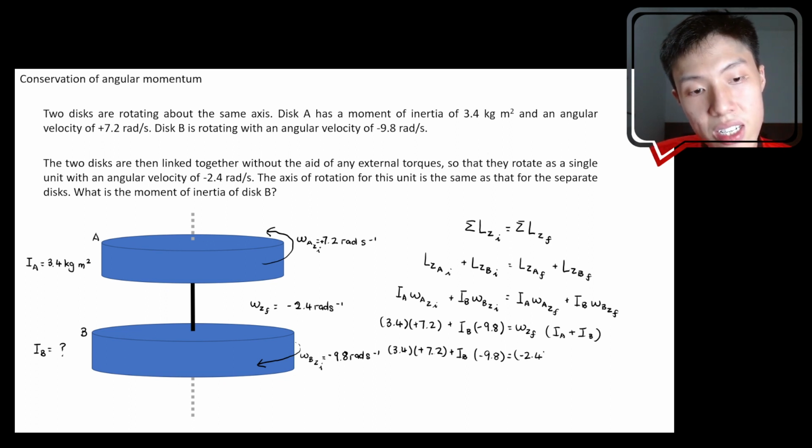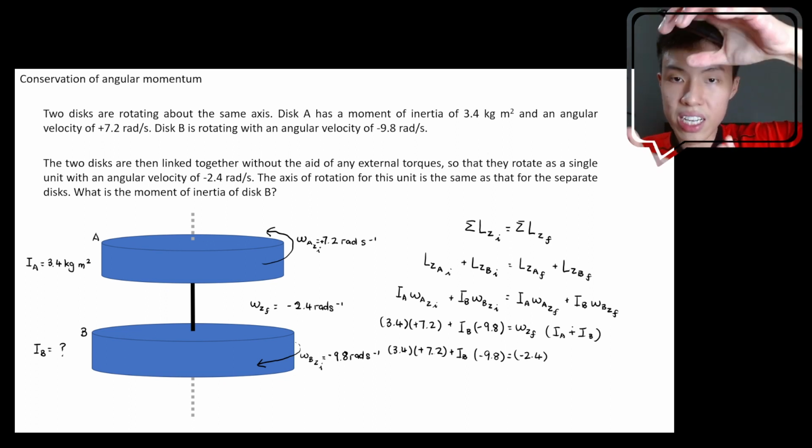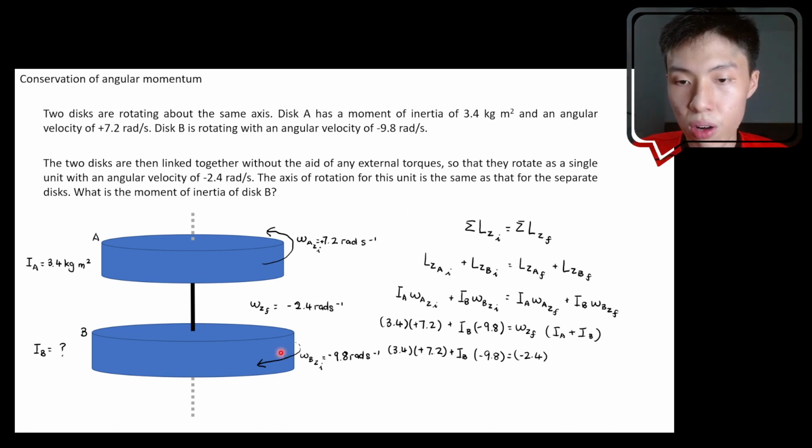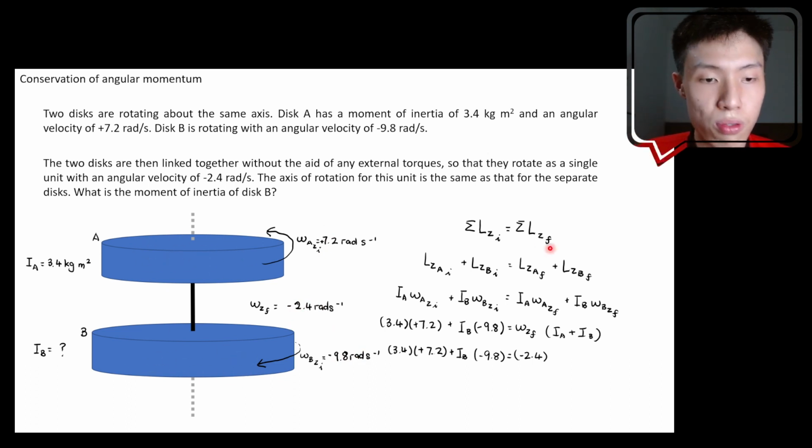That means after the two disks link together, they will rotate following the direction of disk B, in the same direction as disk B. So disk A will change its direction of rotation, whereas disk B remains in the same direction. The whole thing slows down after they link together because the value gets smaller, but disk B's direction remains, while disk A changed to the opposite direction of rotation.